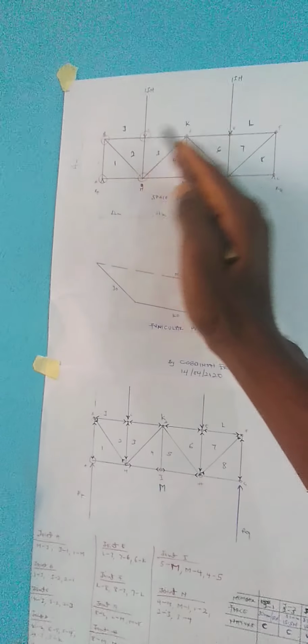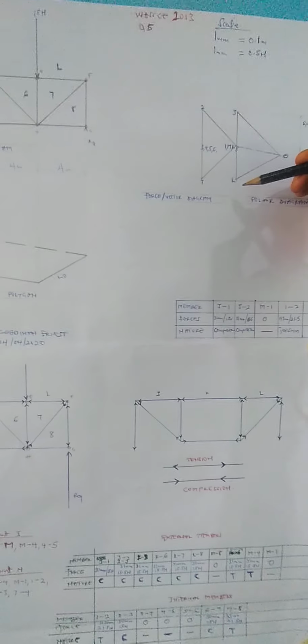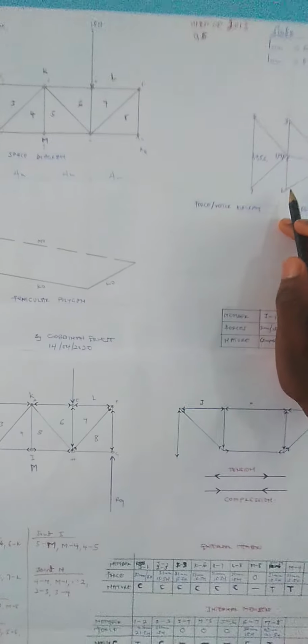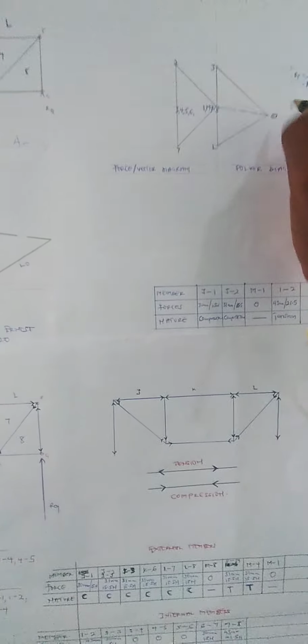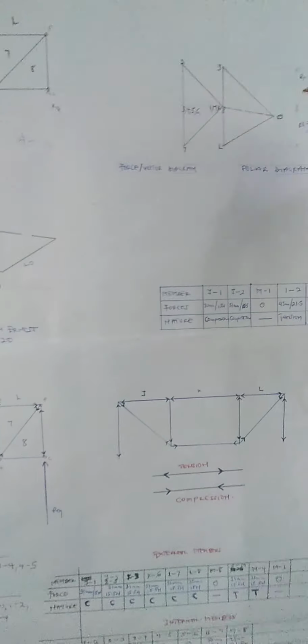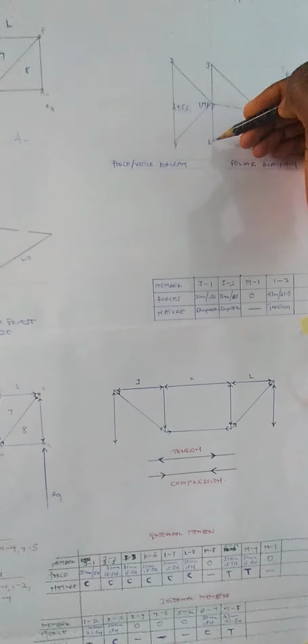So we represent JK, which is 15 newtons per our scale, at this side, and then KL also on the load line, because these are the two loads that we have. Now, we make a polar point. This polar point is actually a distance of either 40 mm or 50 mm from the load line.